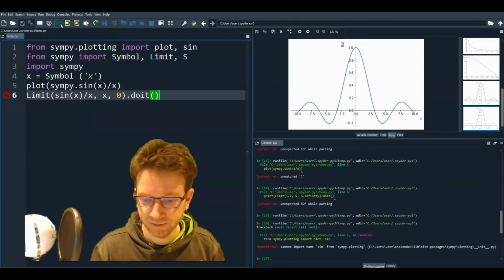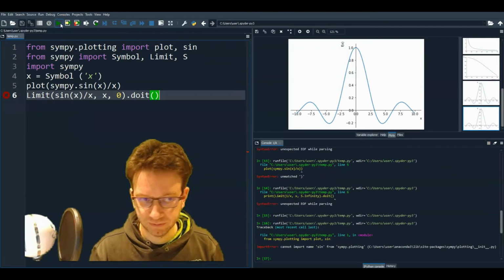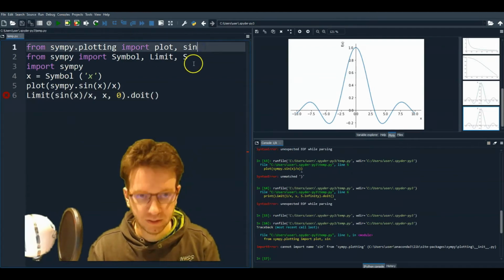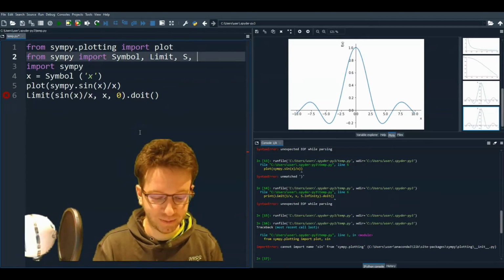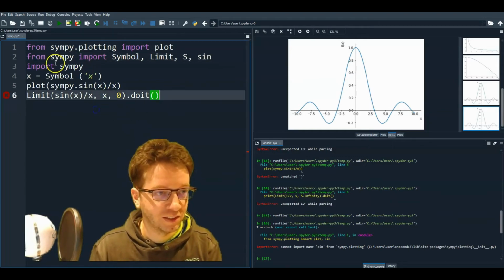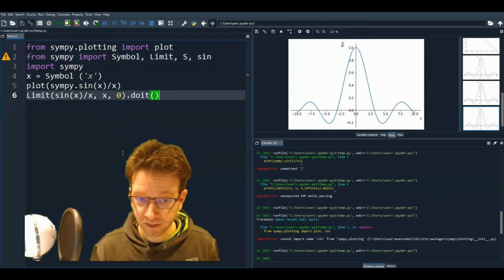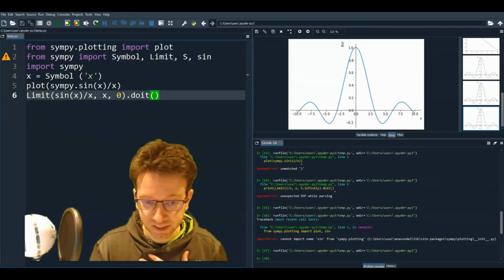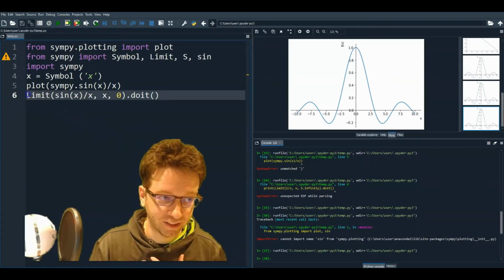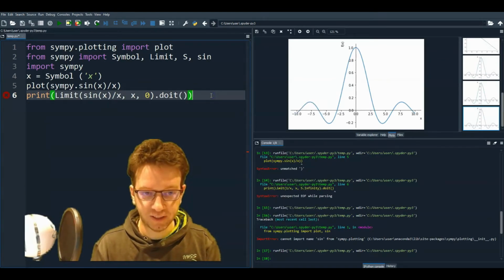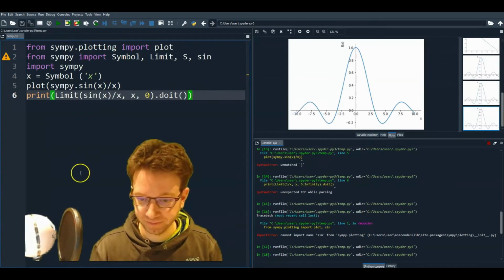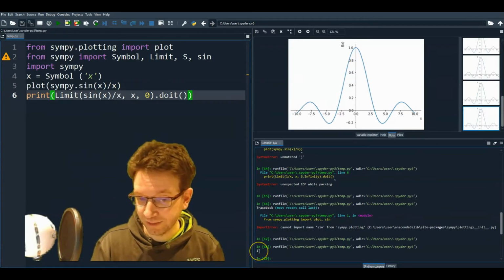And when I do that, oops, sorry, this shouldn't go into the plotting import, just in from sympy, so sine. All right, so it's all done. But again, it didn't show up because I have to print it as well. So let's print so that we can see what that answer is. And there it goes, 1.